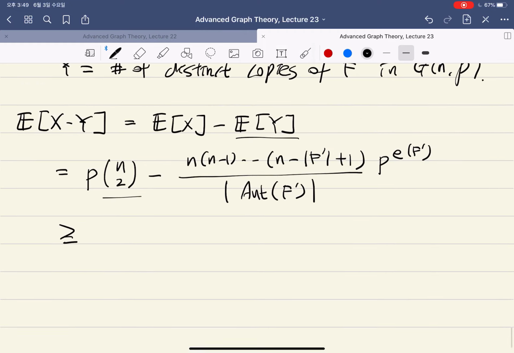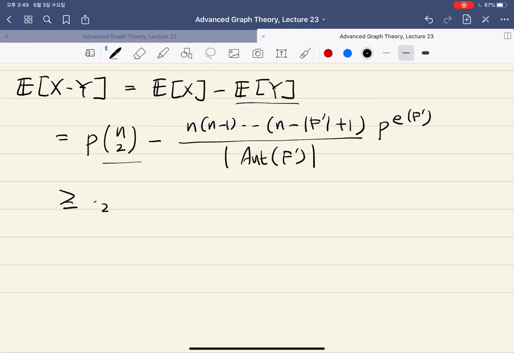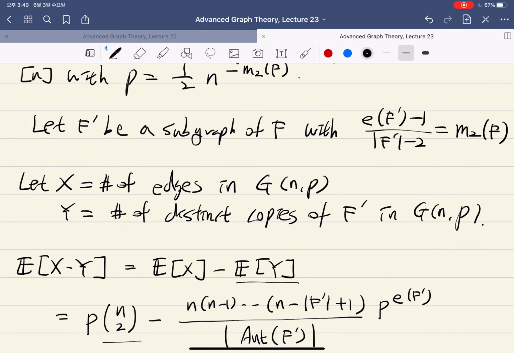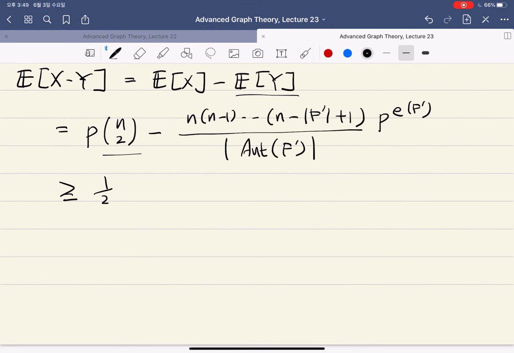Then this is by our choice. This is half times, so quarter times n minus 1 times m, n to the negative 2 density of F, minus this, which is at most this.